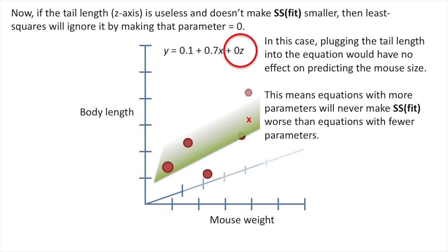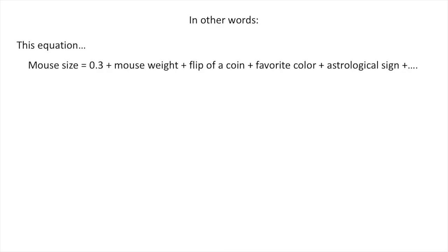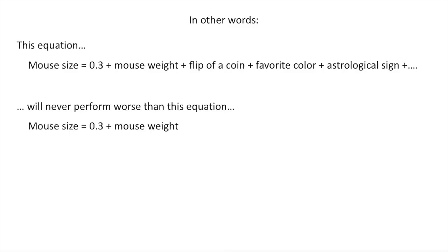This means equations with more parameters will never make the sum of squares around the fit worse than equations with fewer parameters. In other words, this equation, mouse size equals 0.3 plus mouse weight plus flip of a coin, plus favorite color, plus astrological sign, plus extra stuff, will never perform worse than this equation.